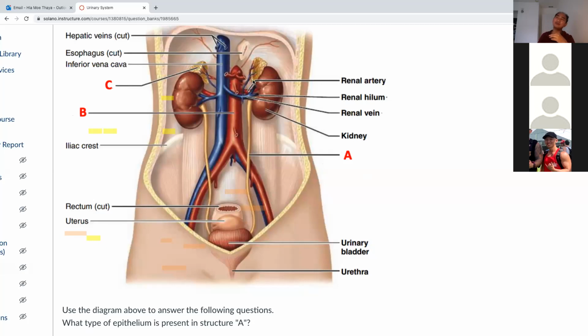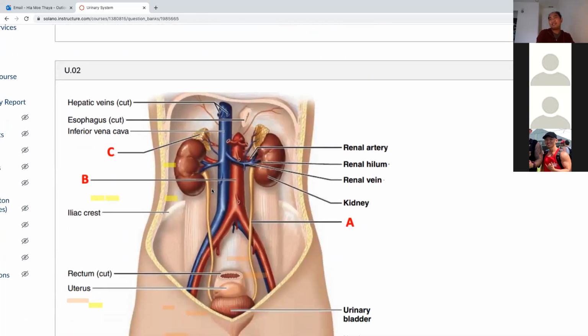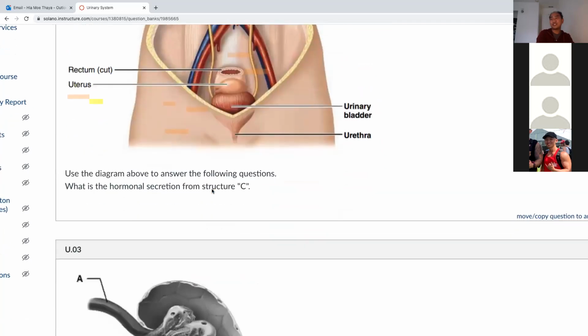It is sitting on top of the kidney. It's the adrenal gland. Brilliant. Adrenal gland or suprarenal gland, because it sits on top of the kidney. Perfect. So that's one of the homework, A, B, C, so you can answer this question.